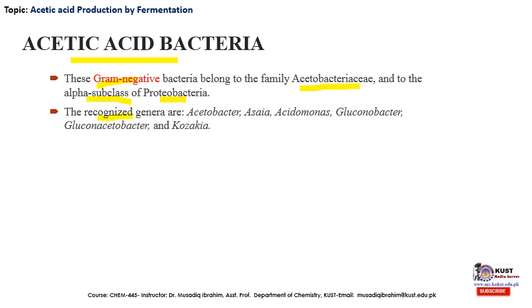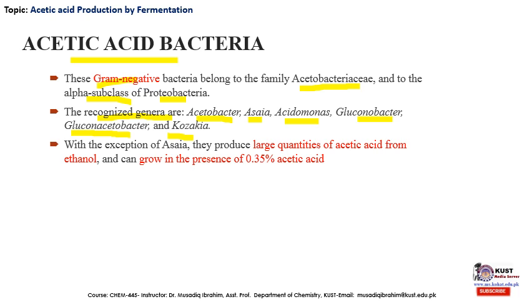And the recognized genera are Acetobacter, Asaia, Kozakia, Gluconobacter, Gluconacetobacter, and Kozakia. With the exception of Asaia, these bacteria produce large quantities of acetic acid from ethanol and can grow in the presence of 0.35% acetic acid as the starting inoculum.